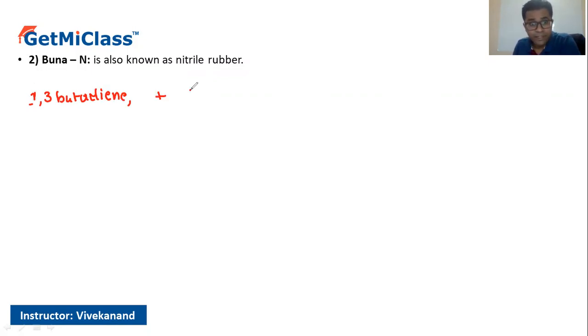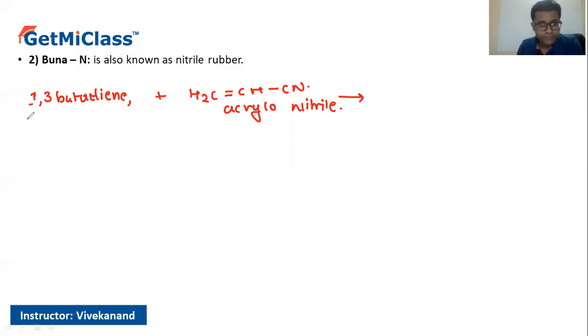I hope you remember acrylonitrile is CH2 double bond CH single bond CN. So when we have this combination, we have CH2 double bond CH single bond CH double bond CH2, correct.